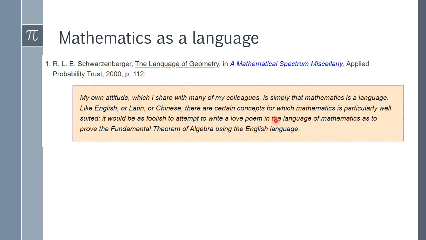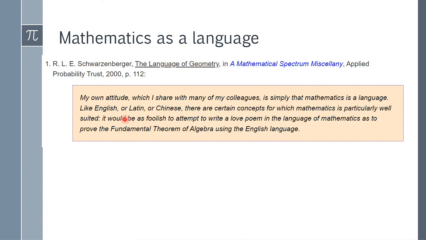According to Schwarzenberger, in the journal Mathematical Spectrum Miscellany, he said, my own attitude, which I share with many of my colleagues, is simply that mathematics is a language.